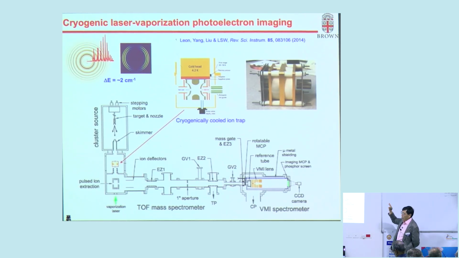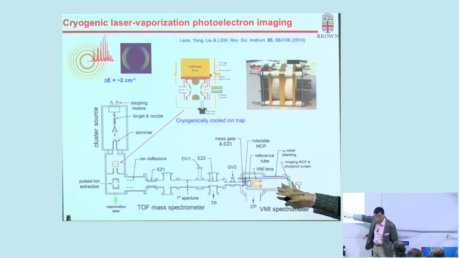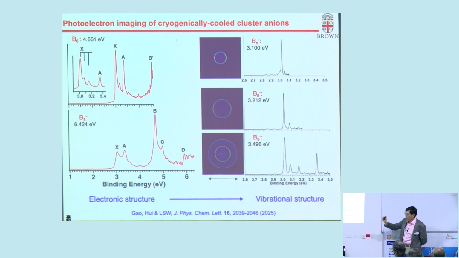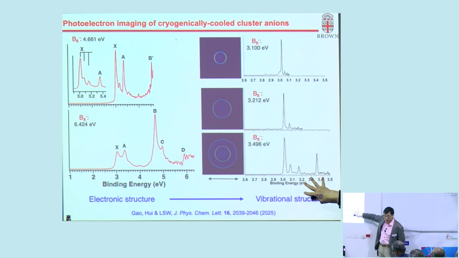We also have a different version of photoelectron spectroscopy, which can do high resolution. This is using photoelectron imaging. I will not say too much about this technique, but with it, we can transform photoelectron spectroscopy from an electronic structure probe into vibrational spectroscopy, because in the imaging technique we have wave number resolution.